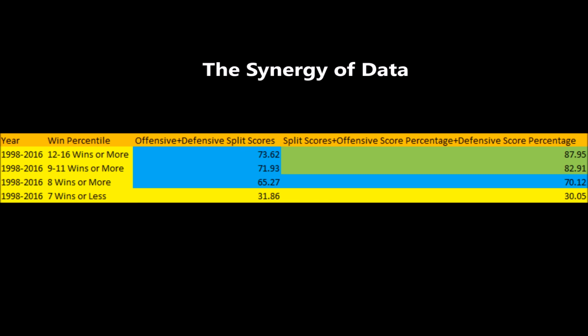This is easily the most predictive metric, and it includes the most predictive data points when it comes to offensive, defensive, and of course, split score data. So this is the whole enchilada when it comes to predicting wins and all that other kind of stuff.